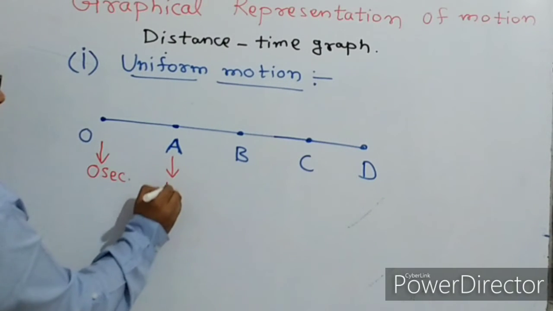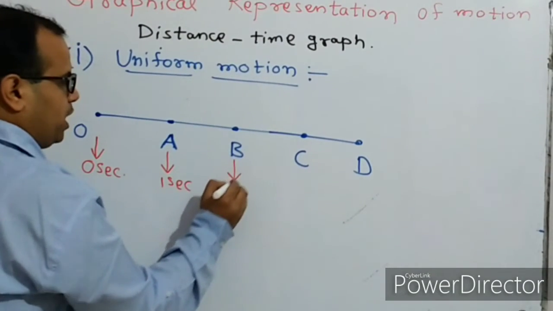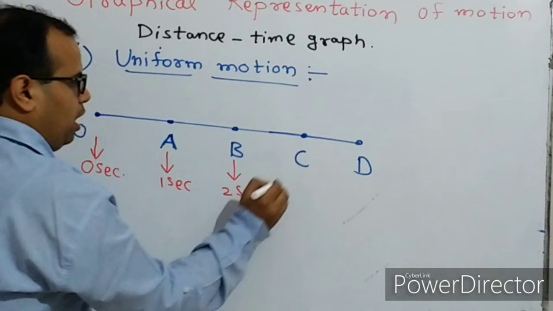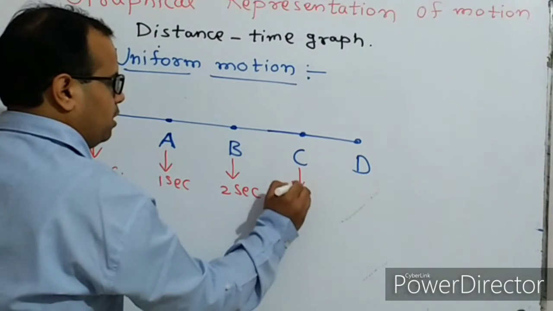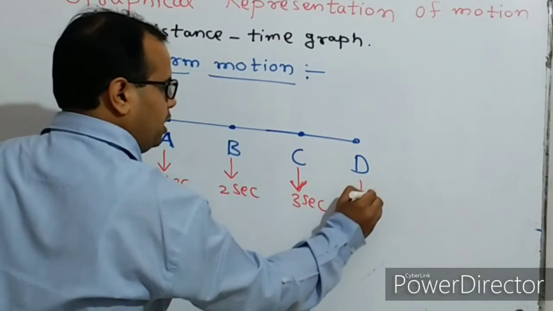After 1 second, the object is at point A. After 2 seconds, it is at B. After 3 seconds, it is at C, and after 4 seconds, it is at D.